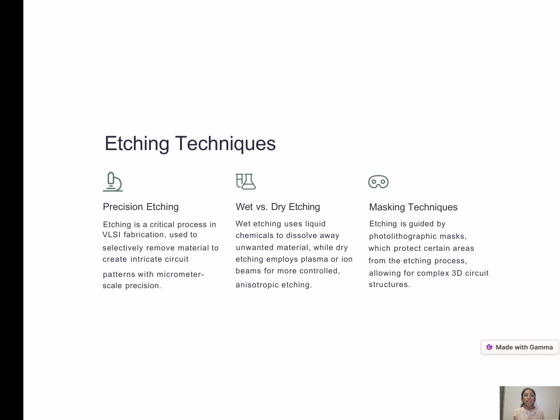Wet etching uses a liquid chemical to dissolve unwanted materials, while dry etching employs a plasma or an ion beam for controlled, anisotropic etching. Masking techniques: the etching is guided by a photolithographic mask which protects certain areas from the process and allows complex 3D circuit structures.